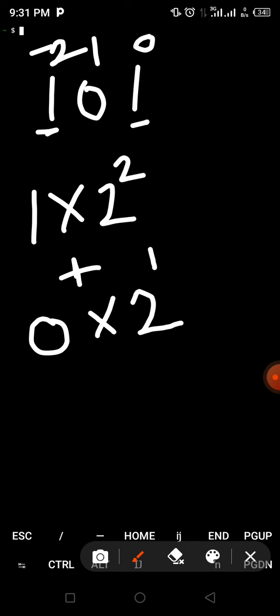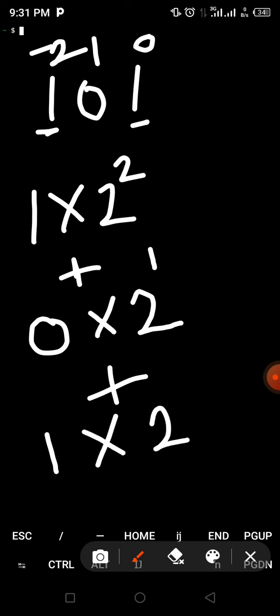Then plus 1 times 2 raised to the power of 0.